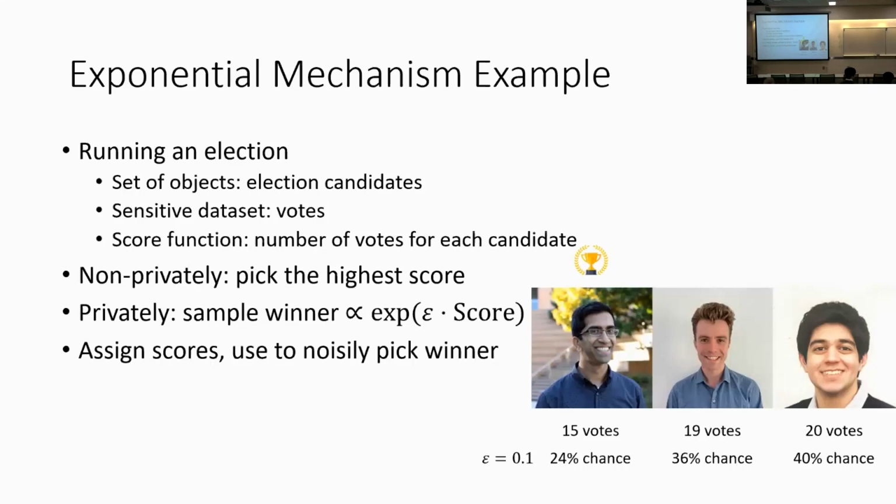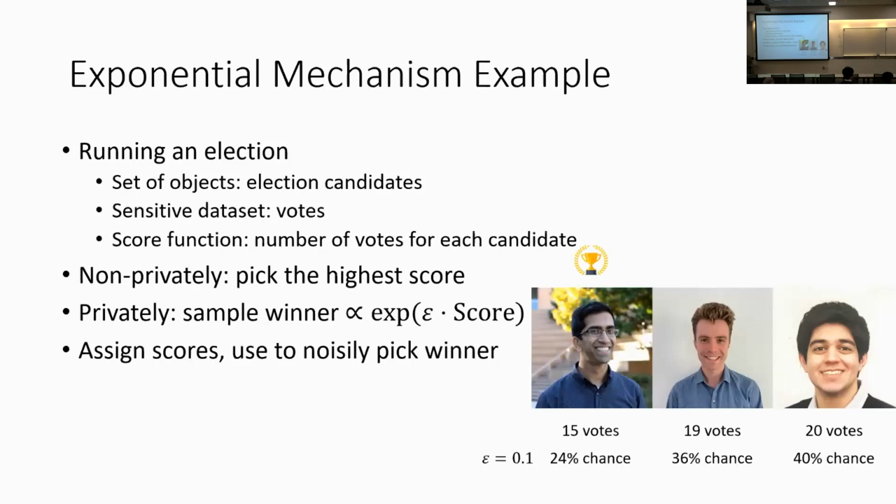Yeah. So you have assigning scores and all. Can it always be mimicked by adding some kind of noise? Great question. Actually, this is a very generic algorithm, and in particular, it generalizes the Laplace mechanism.